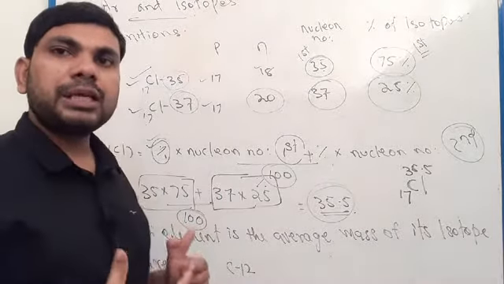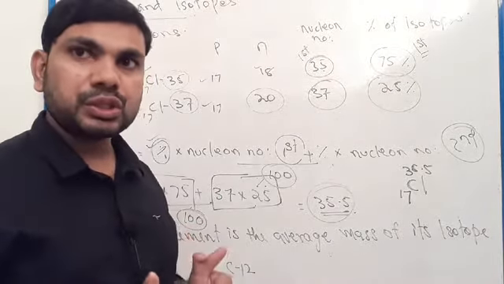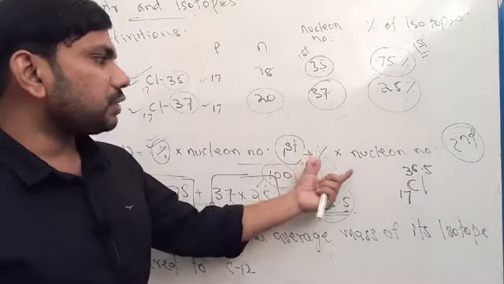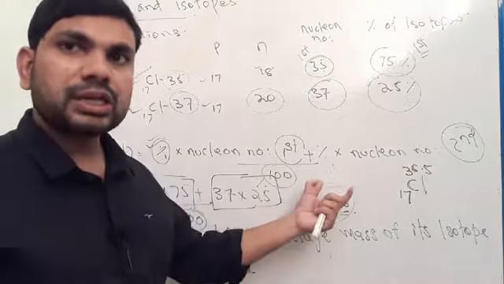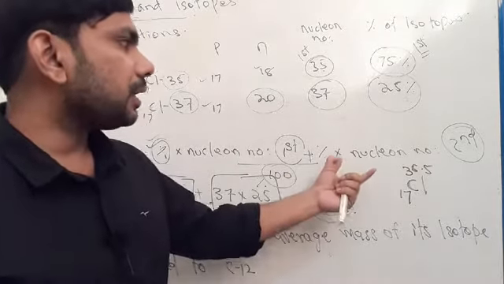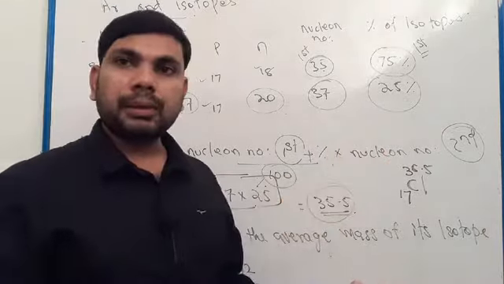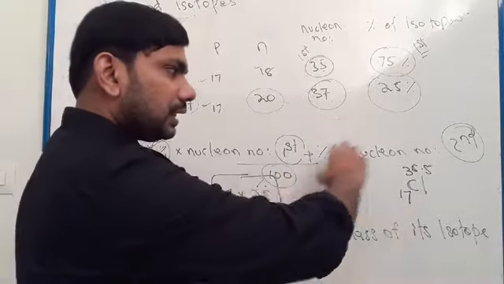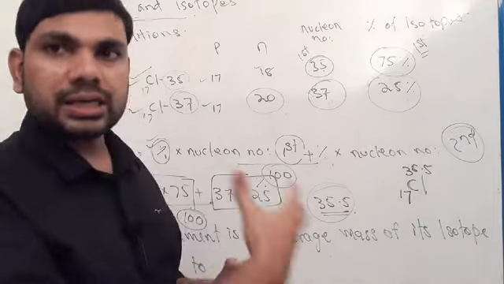Percentage of availability of this isotope times nucleon number, plus percentage of availability of second isotope times nucleon number. If there are 3 isotopes, you have to do the same thing for the third isotope.